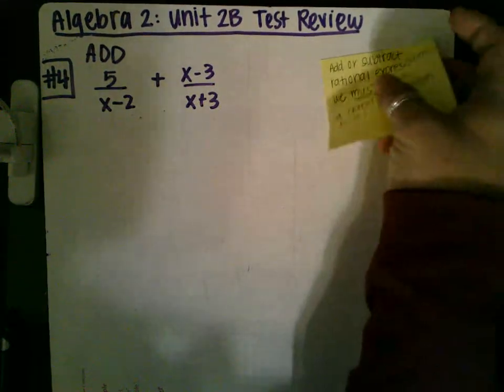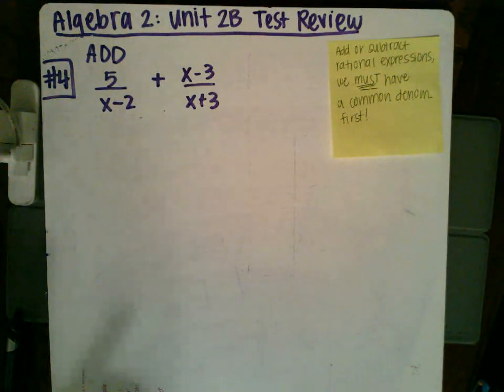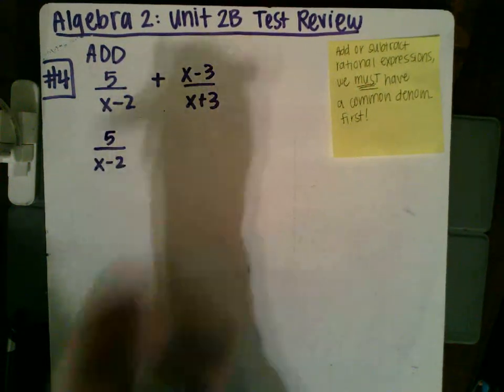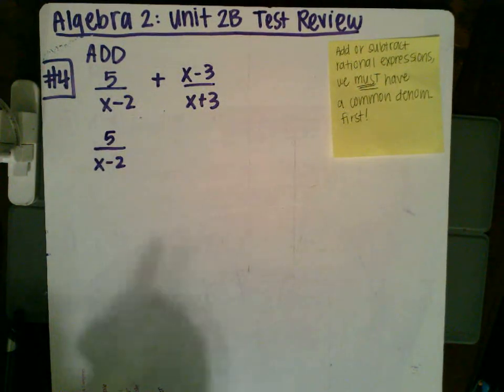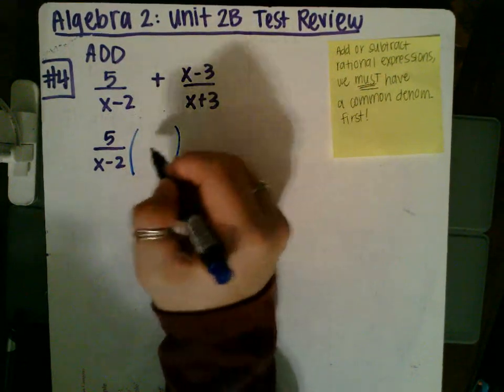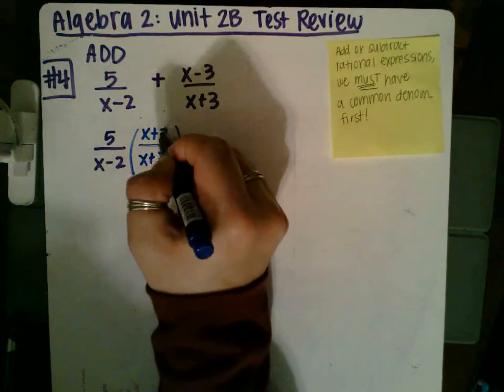So our first step here is going to be to get a common denominator. I'm still going to have 5 over x minus 2 but I'm going to multiply this entire expression by the opposite denominator, x plus 3 over x plus 3.